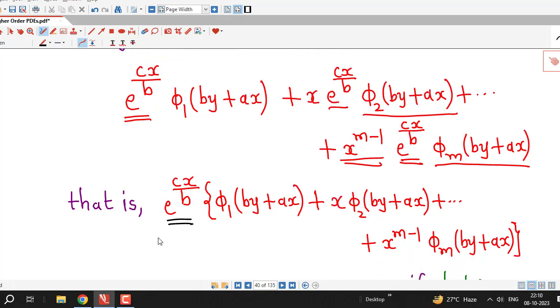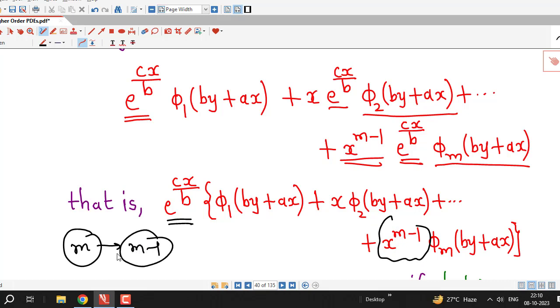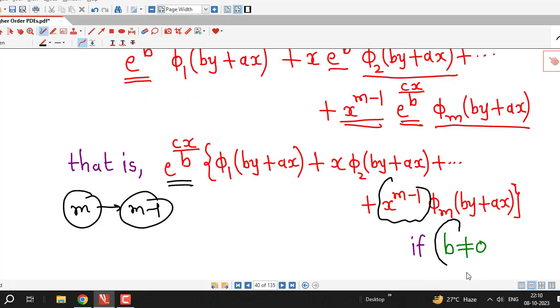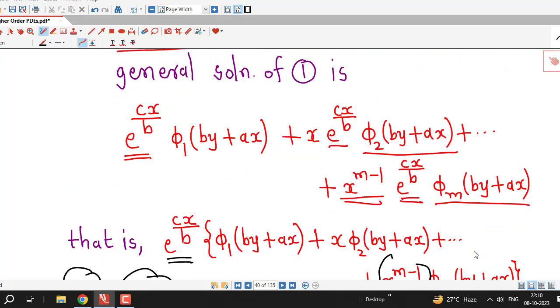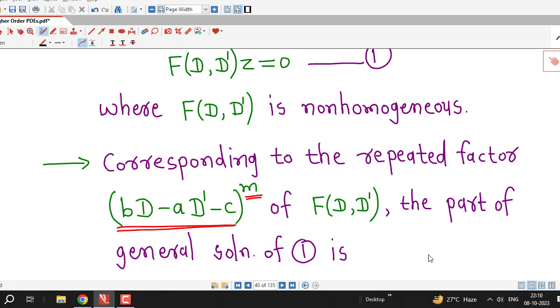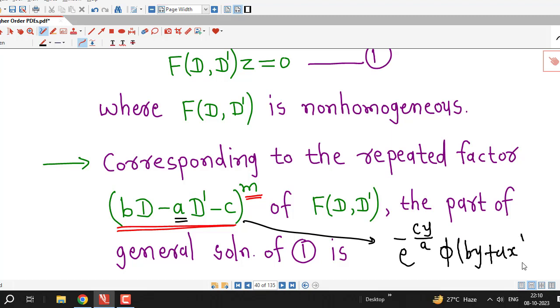So we will remember that if we have a factor repeated m times, then we will have m arbitrary functions of by plus ax, and we will keep multiplying up to x to the power m minus 1, and this is valid if b is non-zero. But suppose b equals 0, then we know that if b is 0 and a is non-zero, we have this type of part in the general solution: e raised to minus cy over a times an arbitrary function of by plus ax.